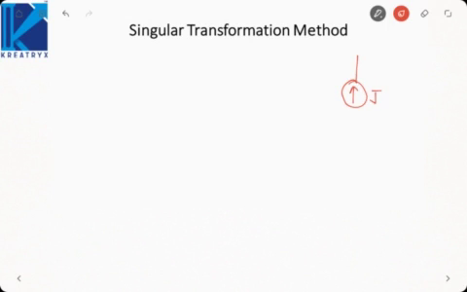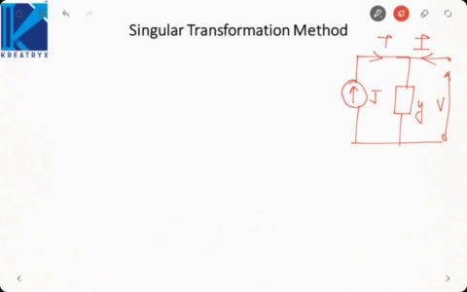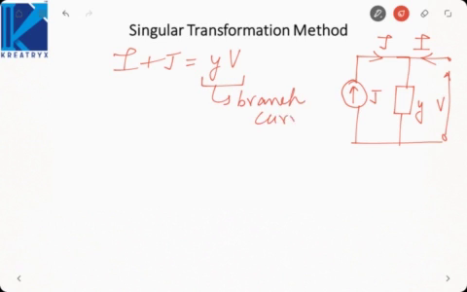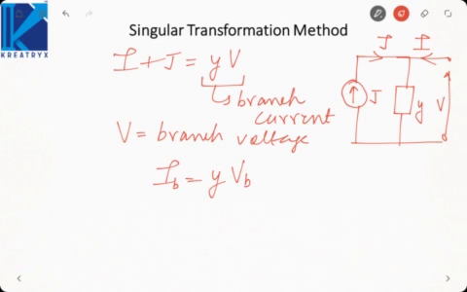There will be some external current source, let us say J. This will be the admittance Y, and there will be some branch voltage, that is the voltage across each impedance, which is V. If current is I here, this is J. So I can say I plus J is equal to Y into V, where I is the branch current flowing in the branch having admittance Y, and V is the branch voltage. So I branch is equal to Y into V branch.